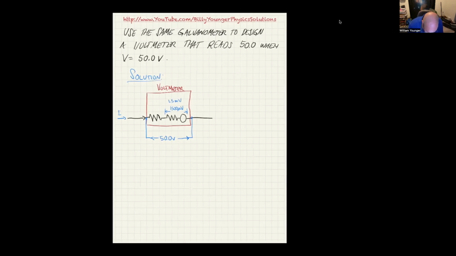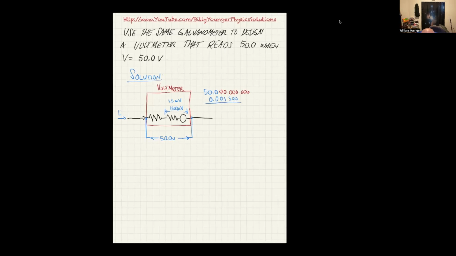So that means we can do some math. We can say 50.0, and then I can put a bunch of fake zeros after it, like this. And I need to take out the 1.5 millivolts. So I'm going to say 0.0. A millivolt would happen right at the third one, so this would be 0.1500.